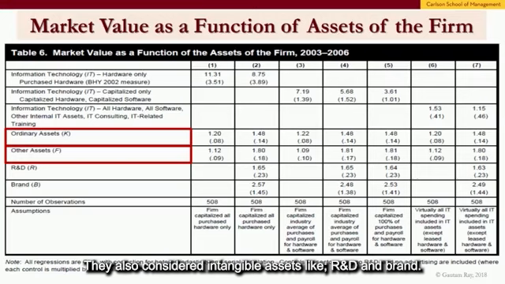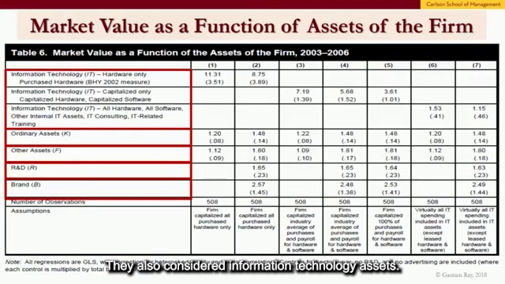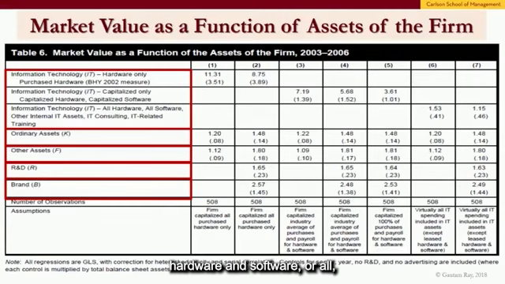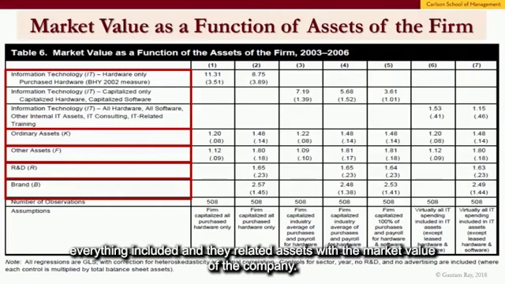They also considered intangible assets like R&D and brand, and they also considered information technology assets. They assessed information technology assets in three different ways: hardware only, hardware and software, or all, that is hardware, software, consulting, training, everything included. And they related assets with the market value of the company.